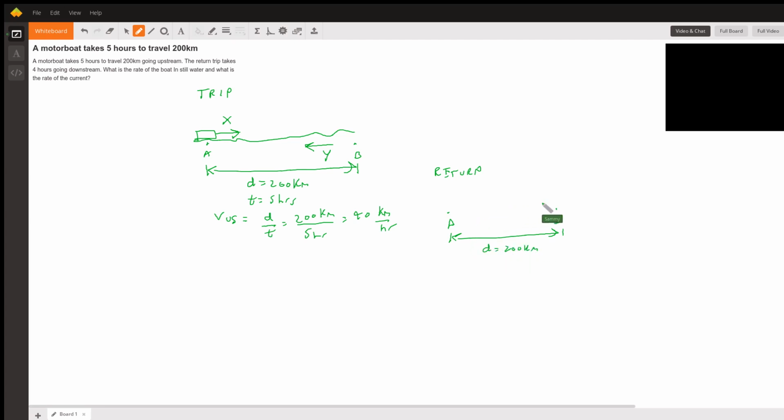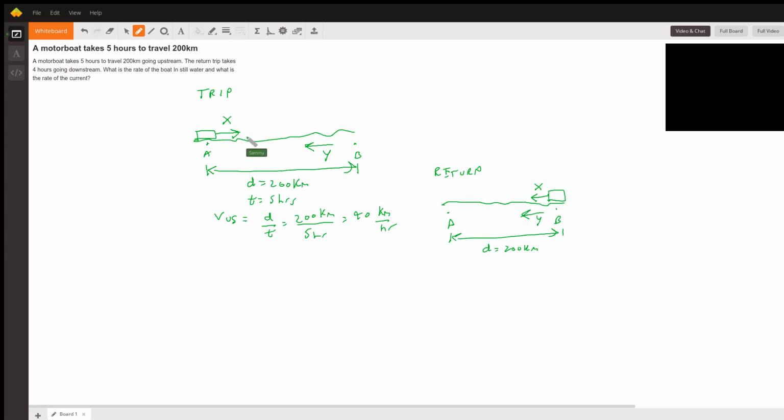The boat is now going from point B to point A, so it's going in the other direction. And the current is moving in the same direction as the boat, so this is moving downstream.